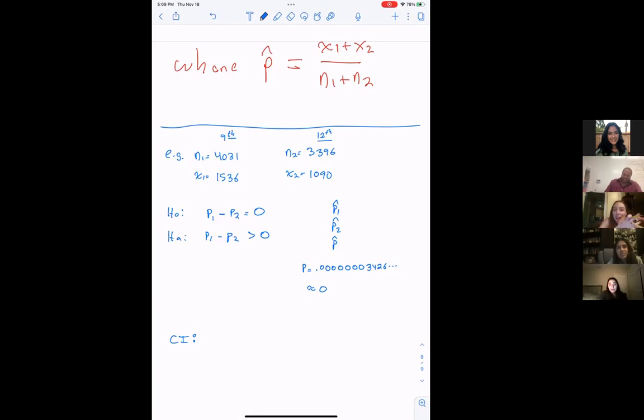I don't have the calculator with me. It's the 2 prop Z. Oh, yeah, okay. Right, the 2 proportion Z interval. And do it at 90% confidence.